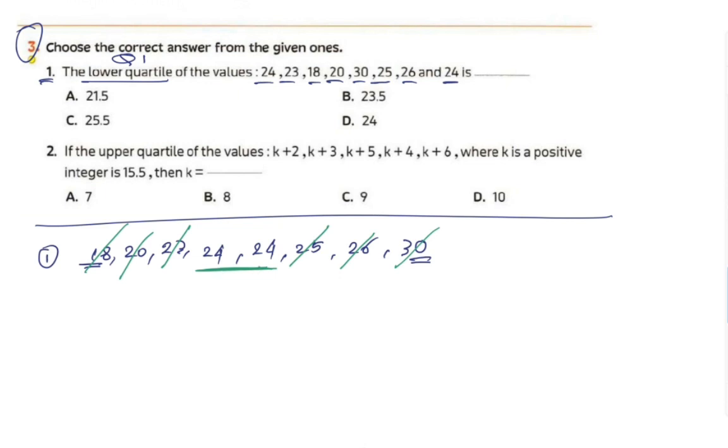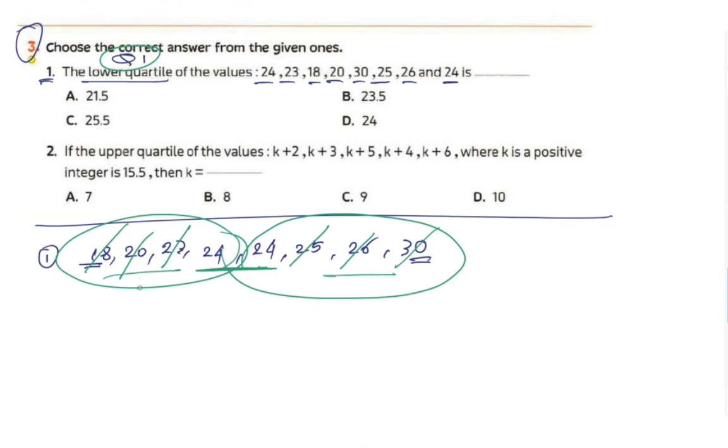But do I need the median or Q1? I need Q1. When you find two numbers for the median, I take one number to the right pan and another number to the left pan. The lower quartile is from the left part.